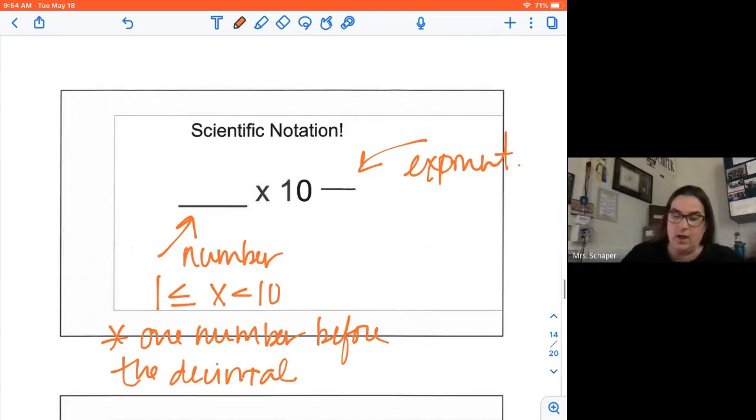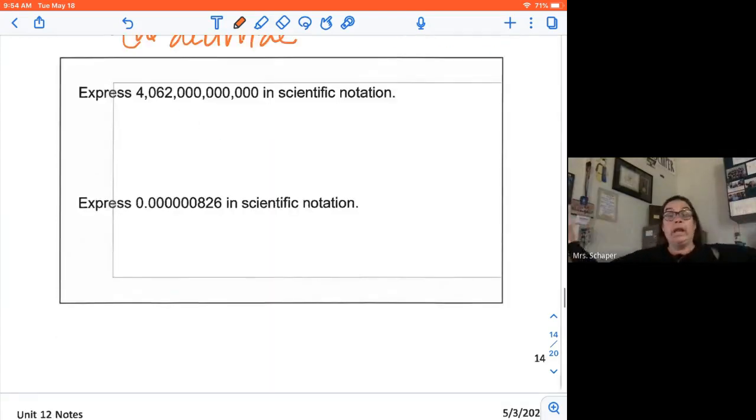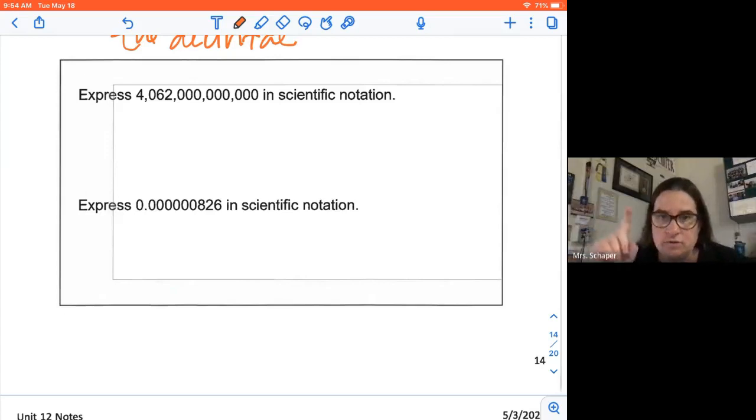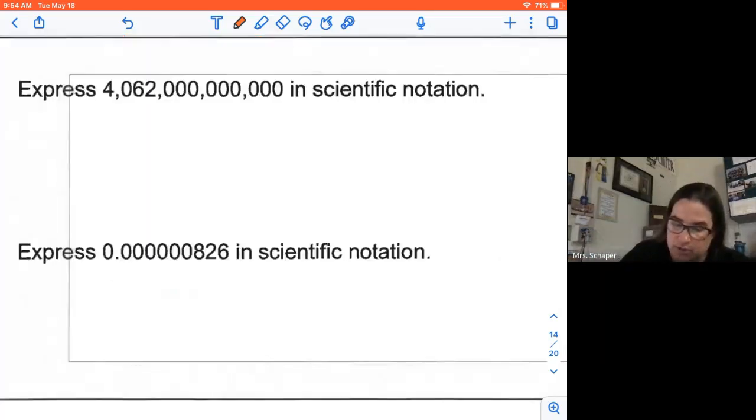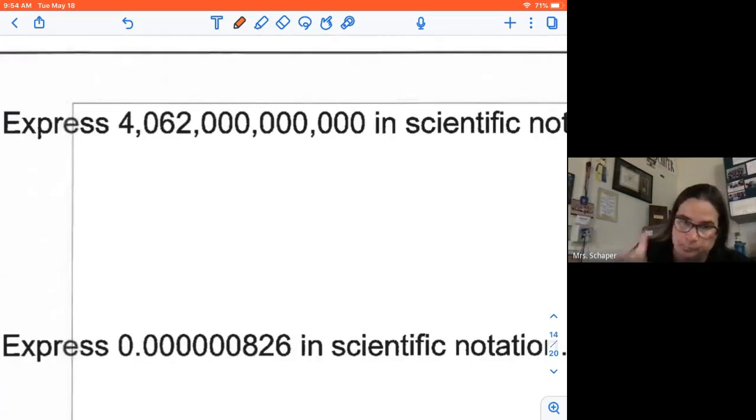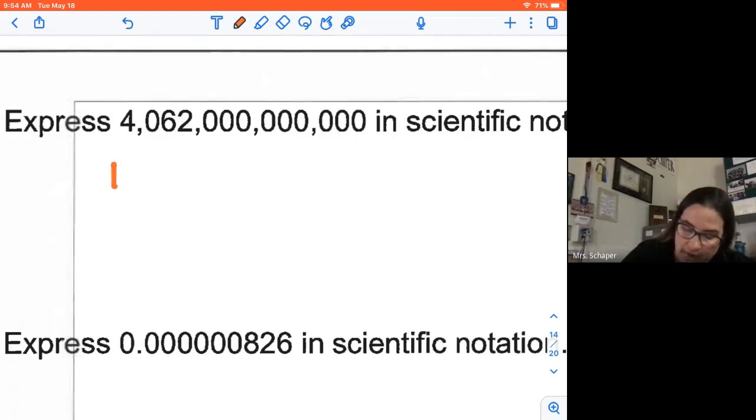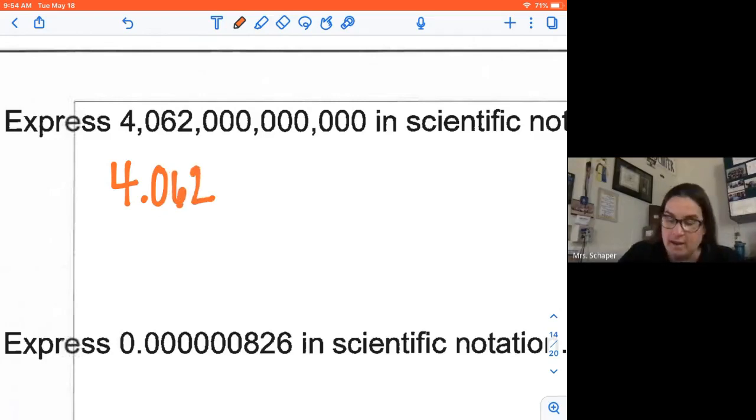All right, so here we go. We want to express this really big number in scientific notation. So this is how we do it. First of all, the decimal can only have one number before it. So 4.062. And then it's going to be times 10.